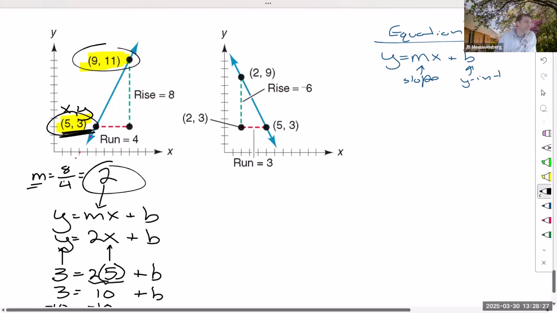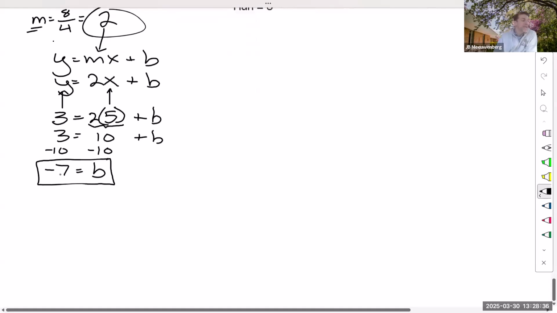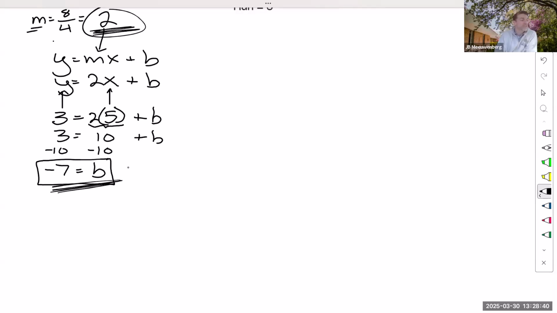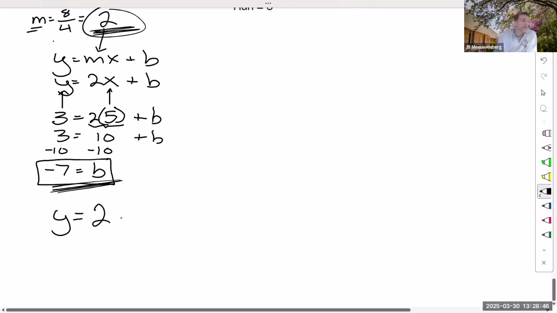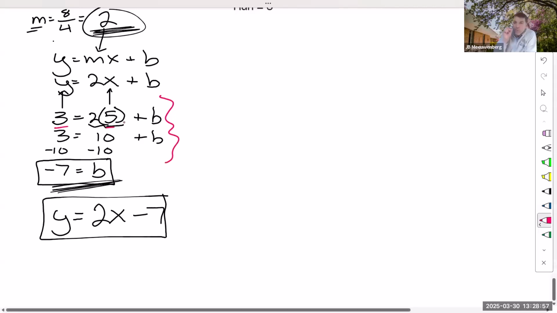And we saw, yeah, that line's going to intersect way down here in the negative land. Yeah, it's going to intersect at -7. And so now we know the y-intercept and we know the slope. So we can go back to our generic y equals mx plus b equation and write it as y equals 2x minus 7.